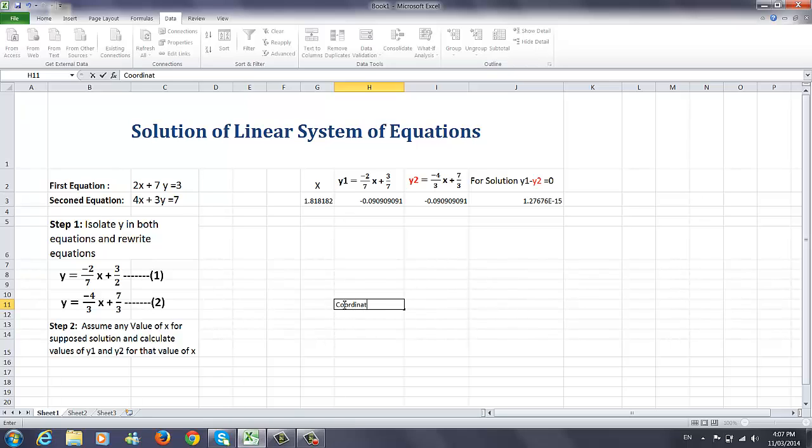coordinates of solution are equal to the first number. What is the first number?